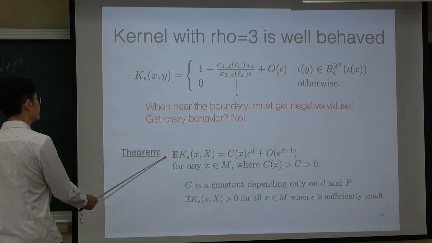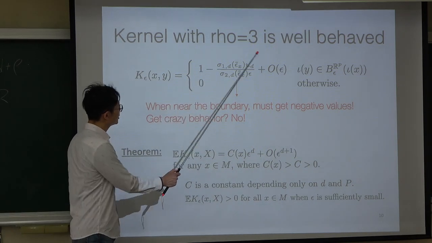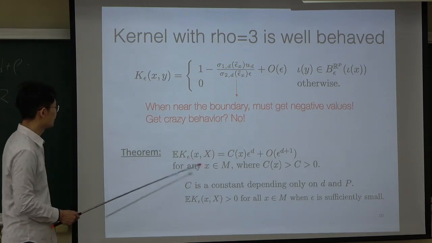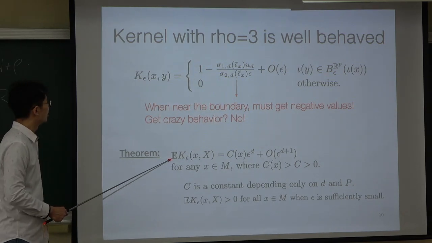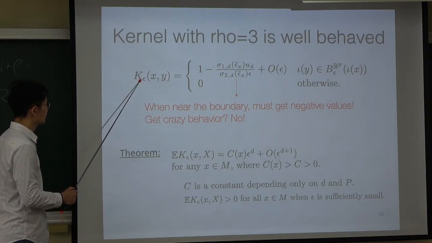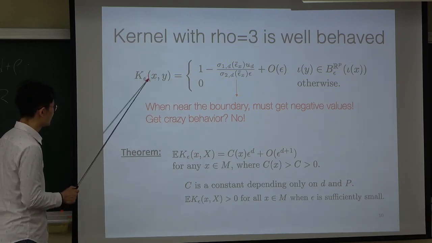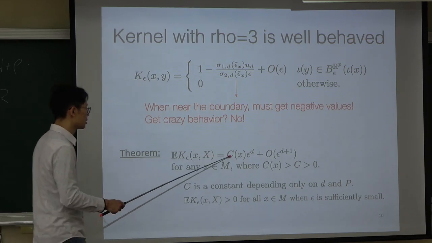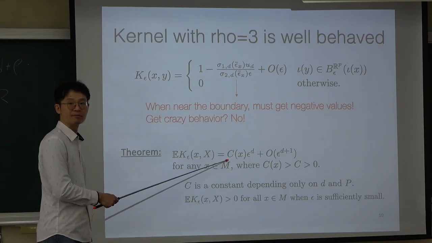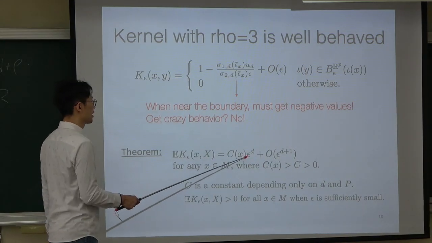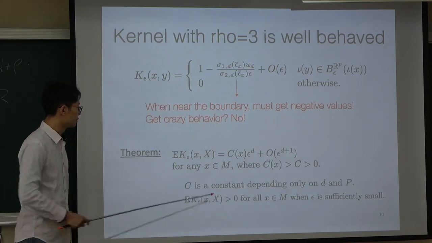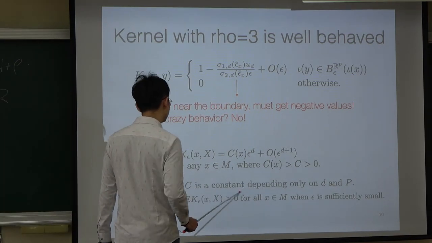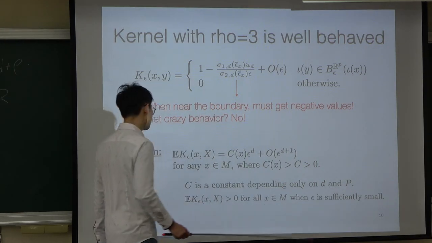Actually, the theory tells you that this may be negative, but it doesn't go crazy. What you can show is that the expectation of the kernel, for fixed x, associated with y, is a positive constant value of order epsilon to the d. It is always positive, no matter where you are, for any x, with a constant depending only on d and p and so on.